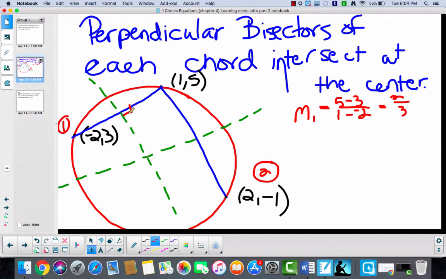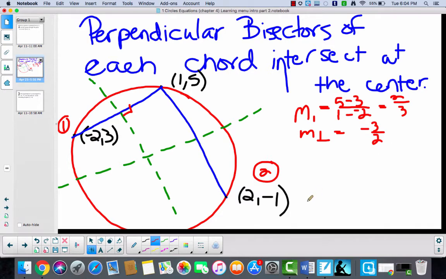But the relationship between slopes of perpendicular lines is they are the opposite reciprocals of each other. So the slope of the perpendicular for this one is going to be the negative reciprocal, so the negative of 2 and the reciprocal, which would be -3/2.